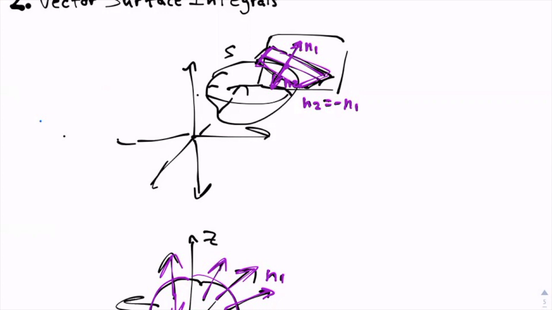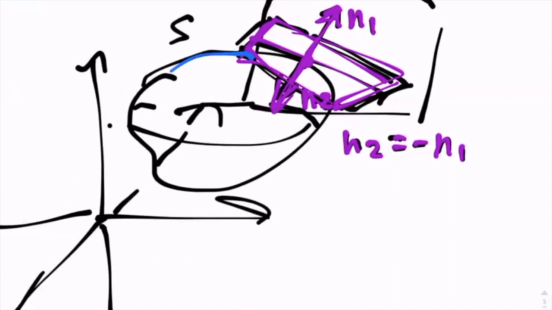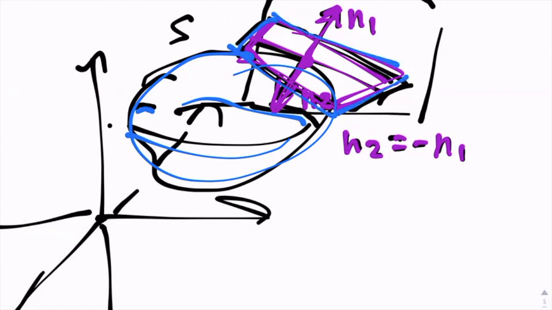Starting off with our vector surface integrals, we must first define what an oriented surface is. To do this, I'm going to draw some arbitrary surface S. Because we can define a tangent plane at any point on S, we can define two unit normal vectors at that point on that tangent plane.